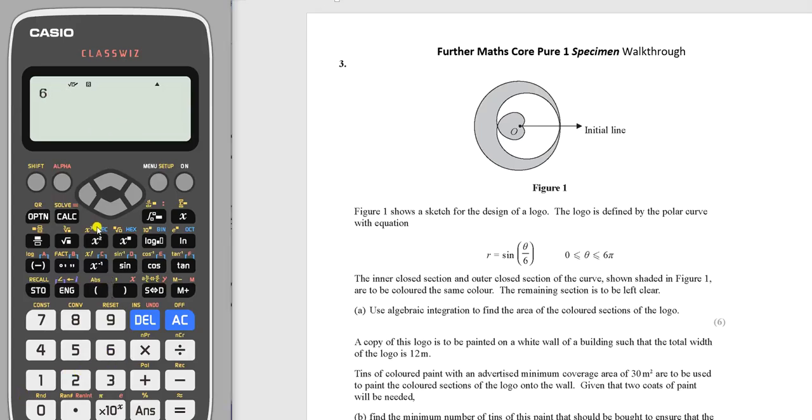And if we look at the overall area, we do 6 squared times pi. That will give us the total area of the shape, 113. Remember, we're looking at something which we think is about half the area, so we can divide it by 2 and get 56-ish. Remember, our answer of 60-something is comparable to that. So we can be pretty confident that we've not messed up our area scale factor calculation.